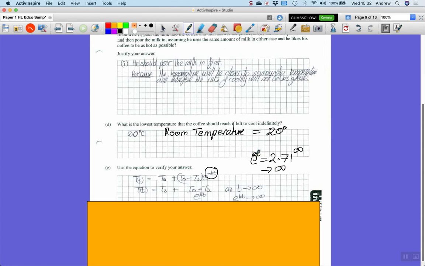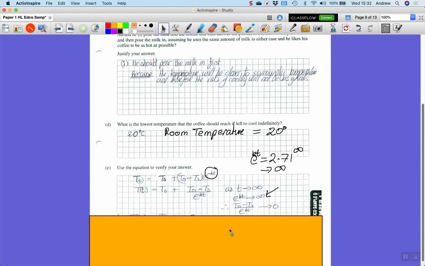Certainly e to the kt will tend to infinity, which means this is getting insanely large.